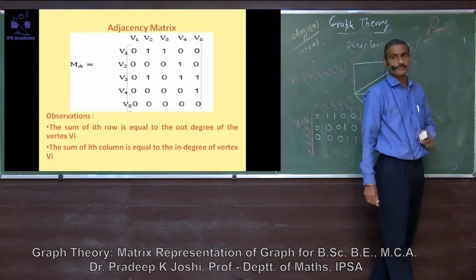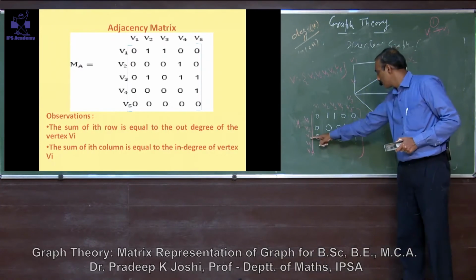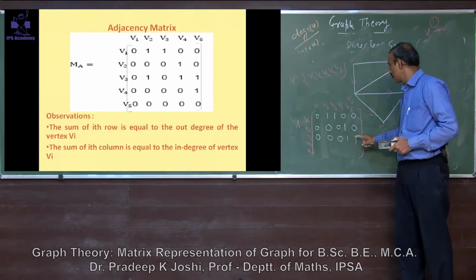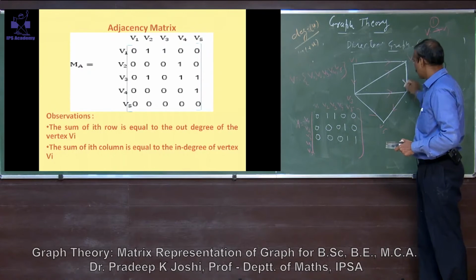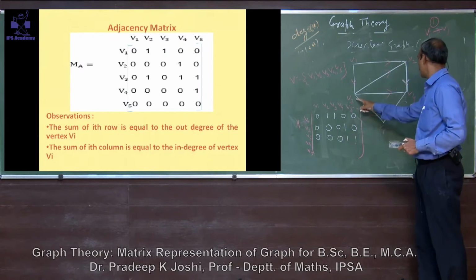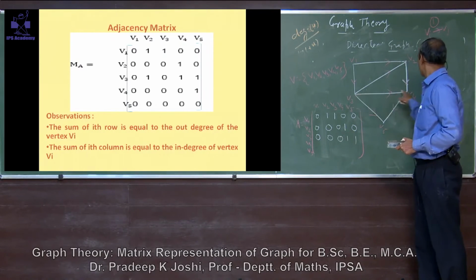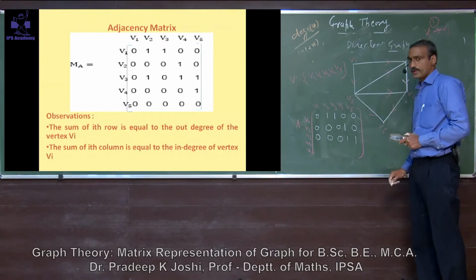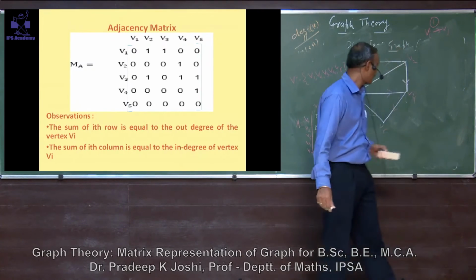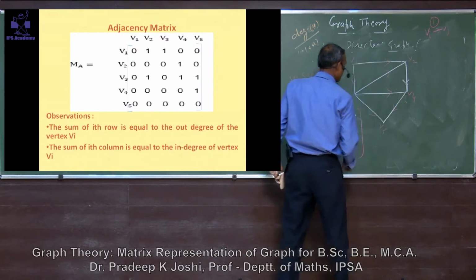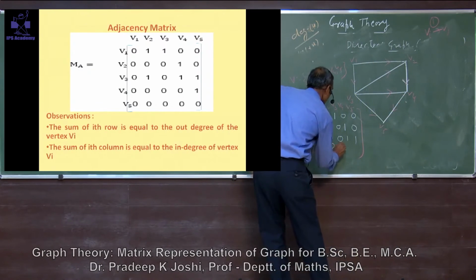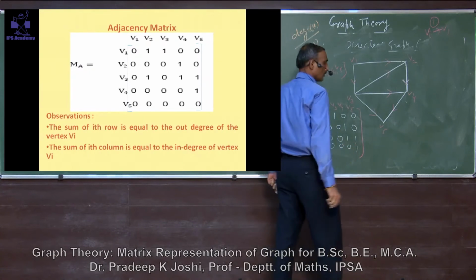So the V3 row is 0 0 0 1 1, because V3 has directions to V4 and V5. Now V4 has the only direction to V5 here, so 0 0 0 0 and 1.